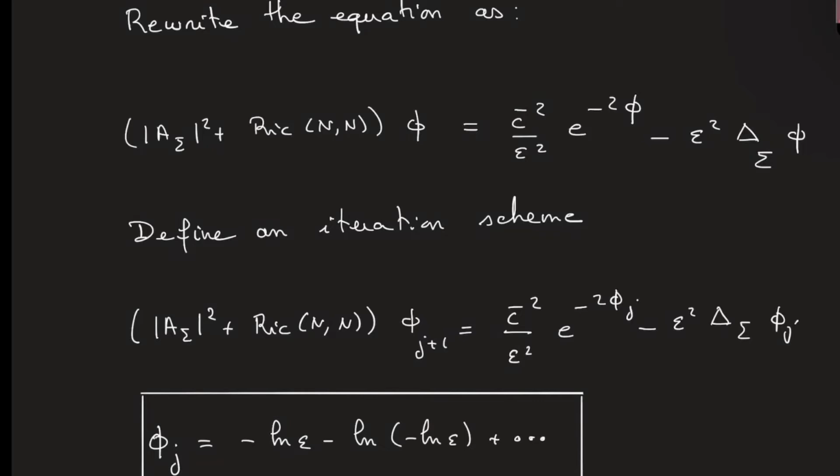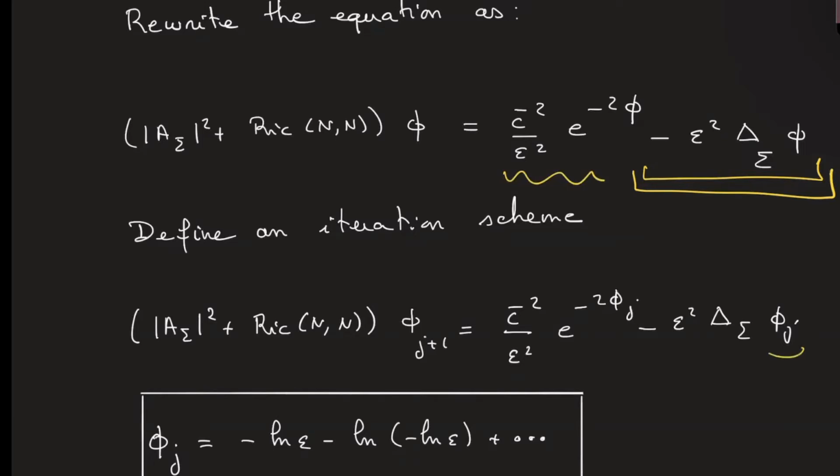They have put the term involving the Laplacian on the right-hand side. Then they considered that there should be a solution of this equation. At least you can cook up a very good approximate solution by using an iteration scheme and considering this term here as a small perturbation compared to this term here. So you can run an iteration scheme.